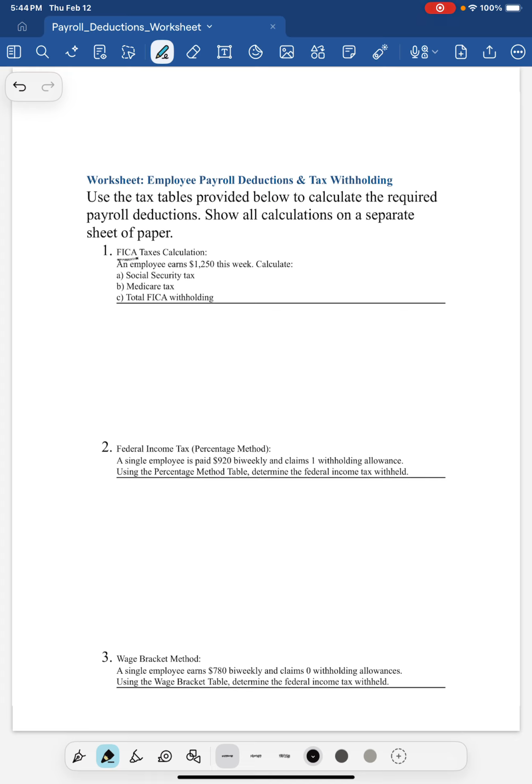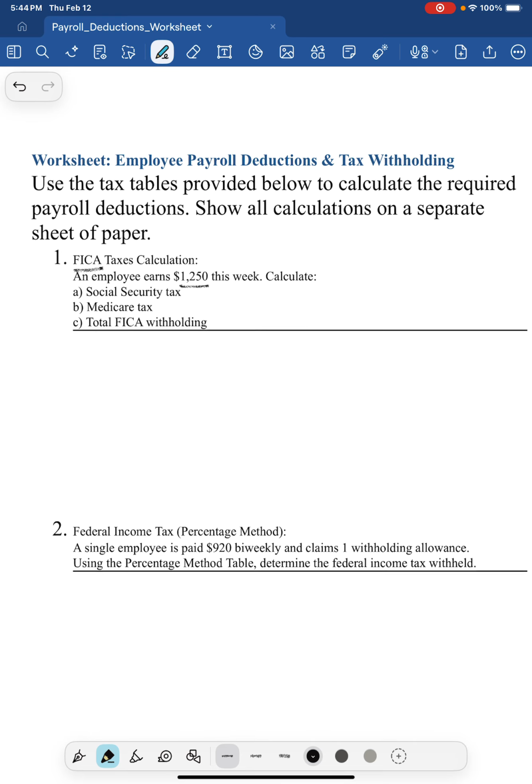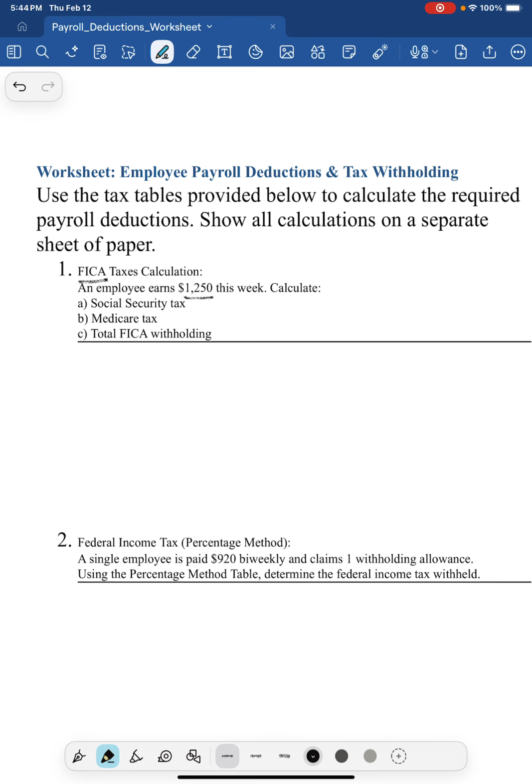And we know that this employee earns $1,250 a week. Based on that, we need to calculate the Social Security tax. If you look in your module, you see that Social Security tax is 6.2% of taxable wages. So all we have to do to find it is take our $1,250. Remember, you have to move the decimal 2 places.